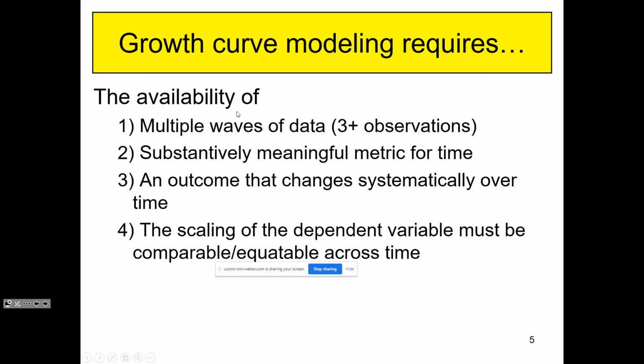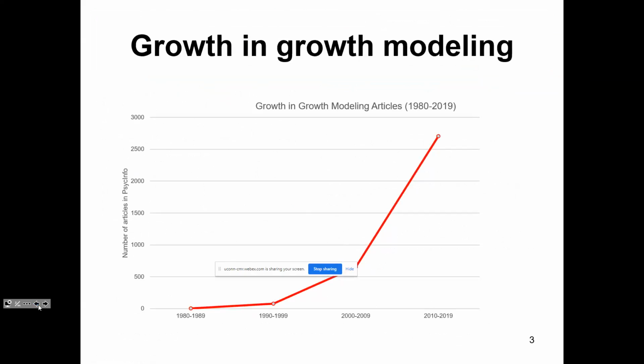We could actually go back here for a sec to my really simple graph, right? On the x-axis, I have time, and on the y-axis, I have whatever my outcome variable is. So anytime you're looking at any kind of growth trajectory, you have some sort of time measure on the x-axis, and the y-axis is whatever the outcome is.